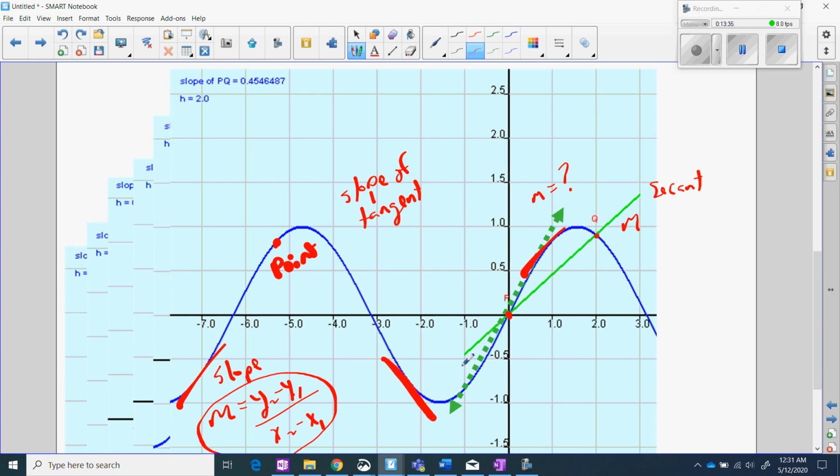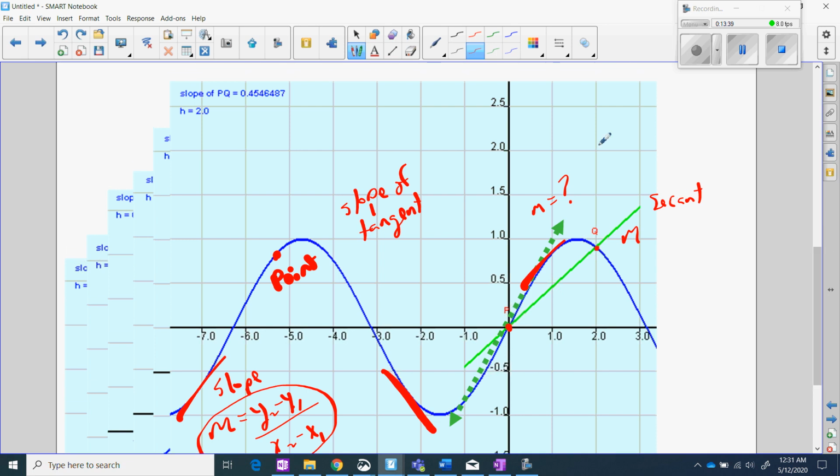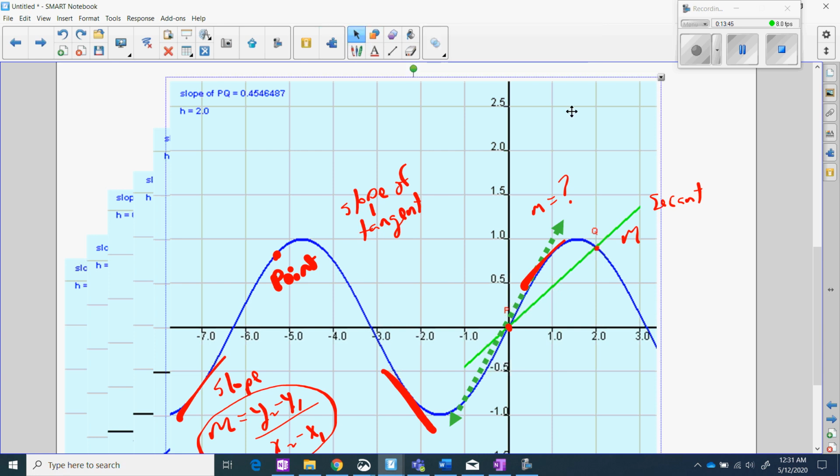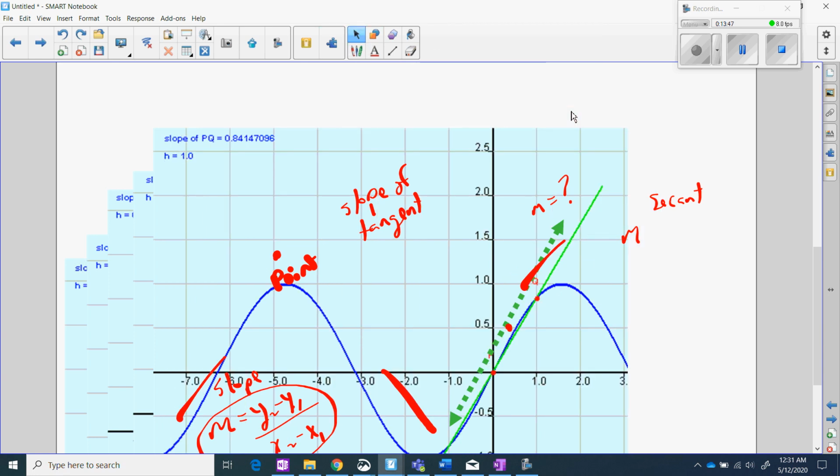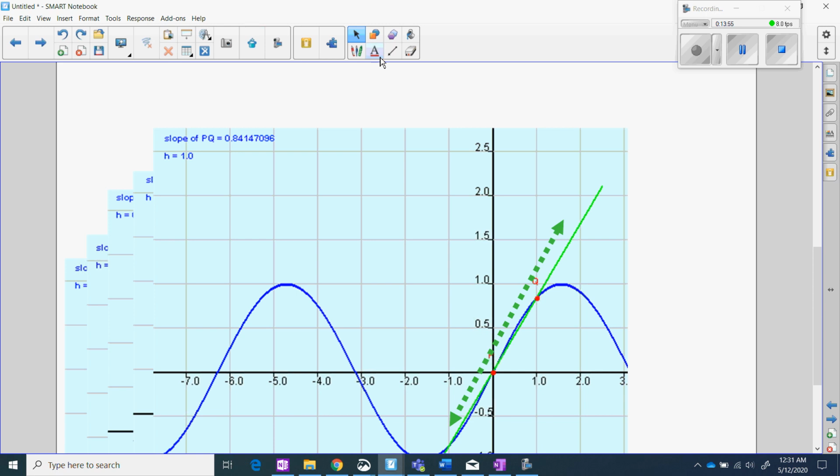So let me just look at what happens. I'm going to probably have to delete my handwriting here in a second. I'll just try this. So I'm going to delete this one. The secant is kind of moving on me a little bit here, so I'm just going to avoid confusion.